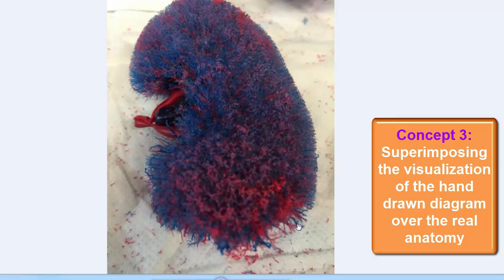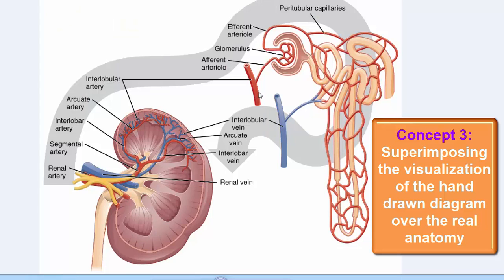So if you can imagine the endpoints of all of these red tips that show interlobular arteries, such as the one in this hand-drawn illustration, then you can visualize the concept of 1,000,000 nephrons.